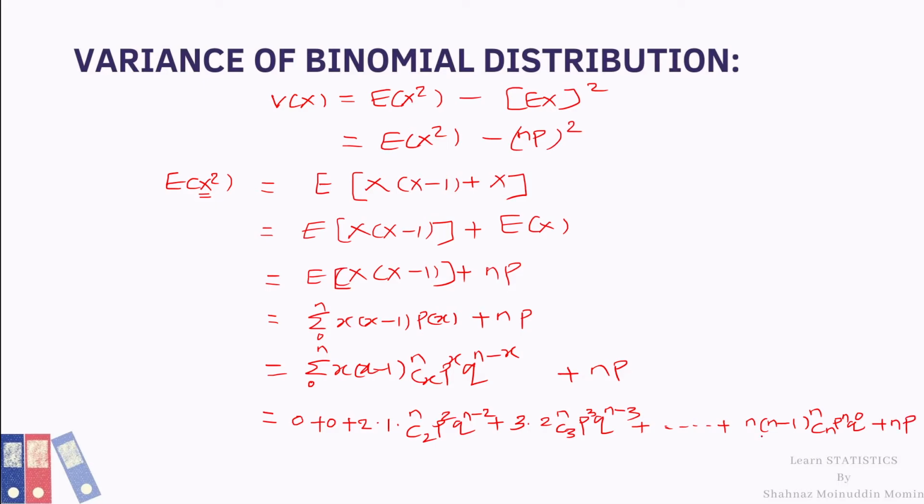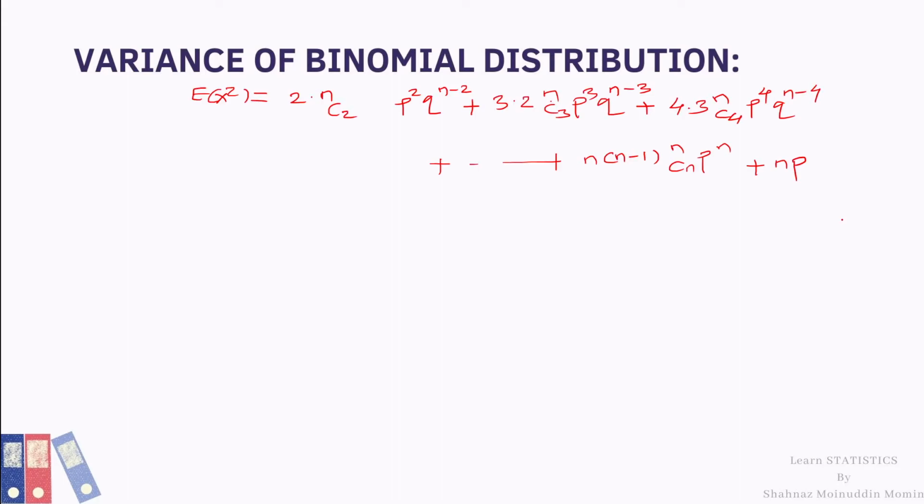So the next step is expectation of x square equals 2 into nC2 p square q raised to n minus 2, plus 3 into 2 nC3 p cube q raised to n minus 3, like this, plus n into p. After putting the expansion of nC2, it is 2 into n factorial divided by n minus 2 factorial into 2 factorial, p square q raised to n minus 2.